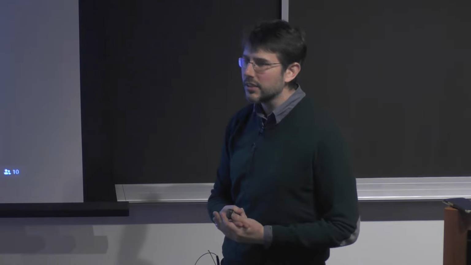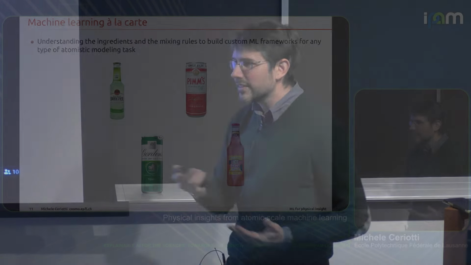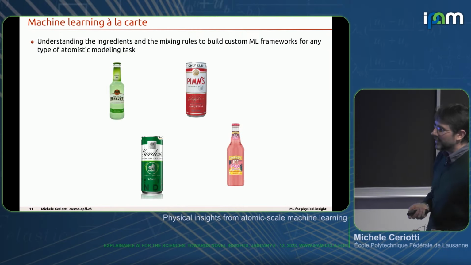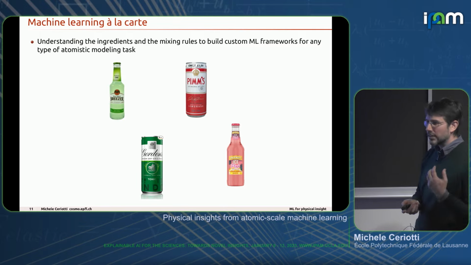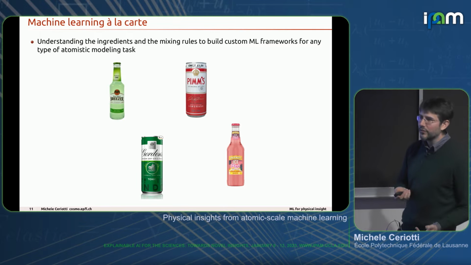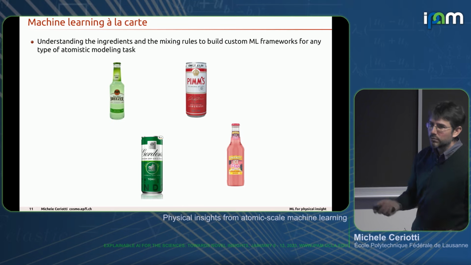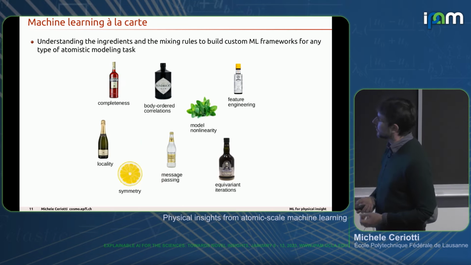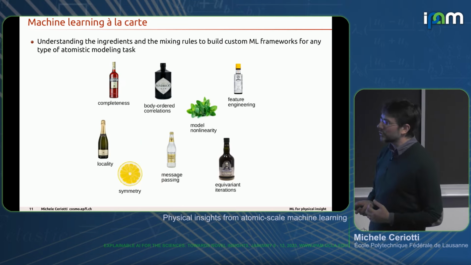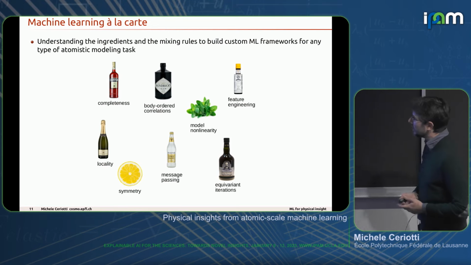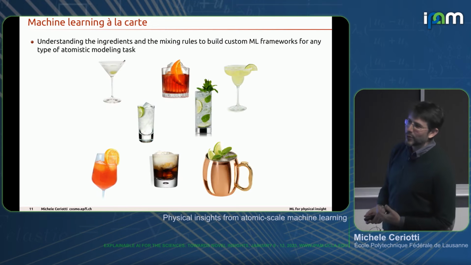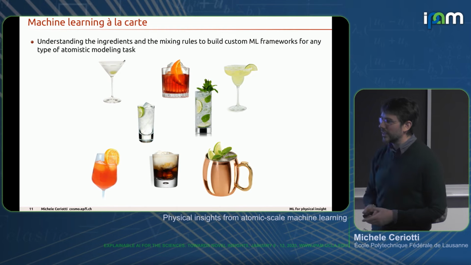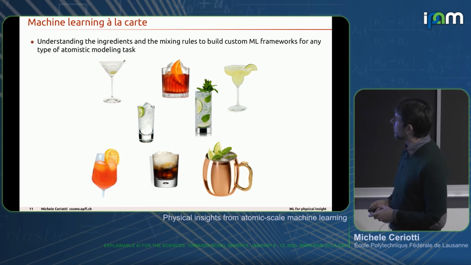If you like it. But to me, it's not fully satisfactory because I don't understand how these different ingredients come together to make something that is pleasant to drink. So instead, what we are trying to do is decompose these into the different ingredients, with the end goal of allowing everybody to mix their own.